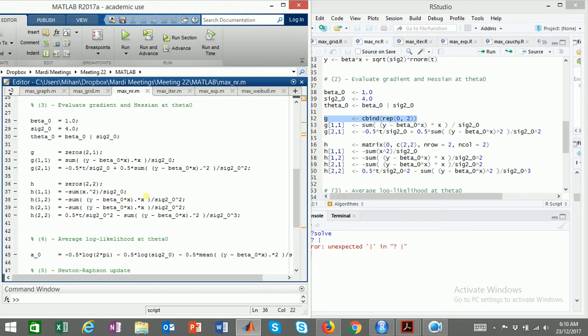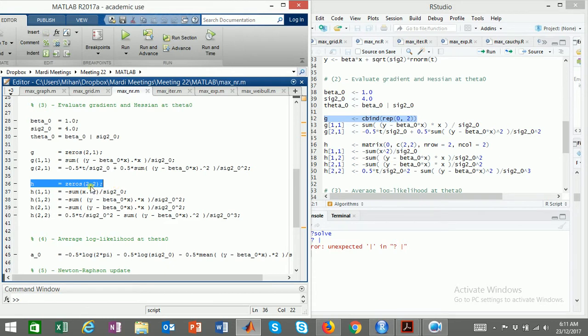What I'm trying to do here is create a matrix where in the gradient we have 2 rows 1 column, h is Hessian, which is a k by k matrix.